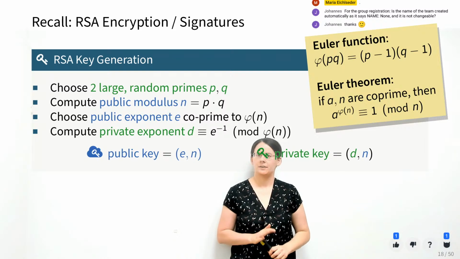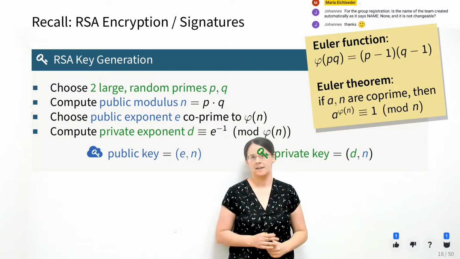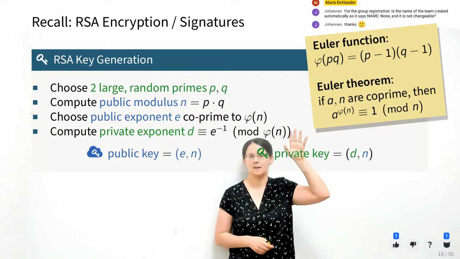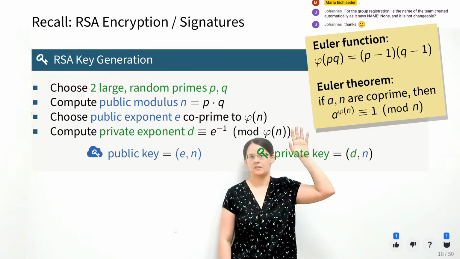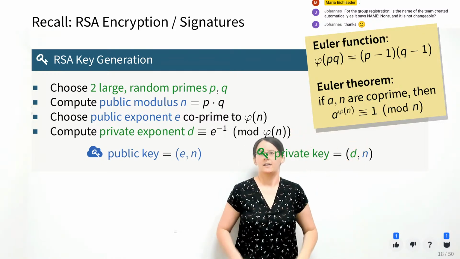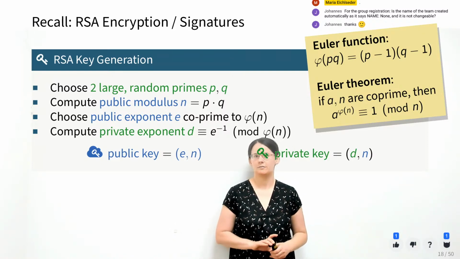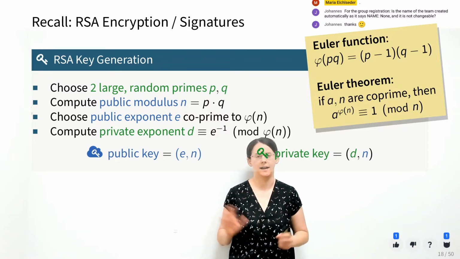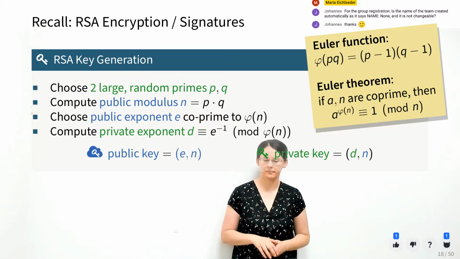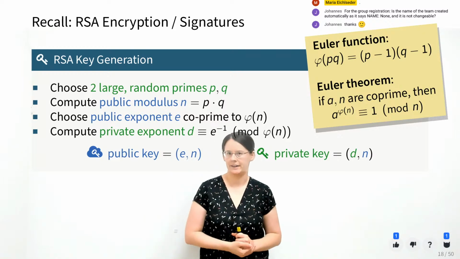And there is also a very relevant theorem related to this Euler phi function. Namely, if you take some element a modulo n and raise it to the power of phi of this modulus, then this always results in 1 if n and a are co-prime.